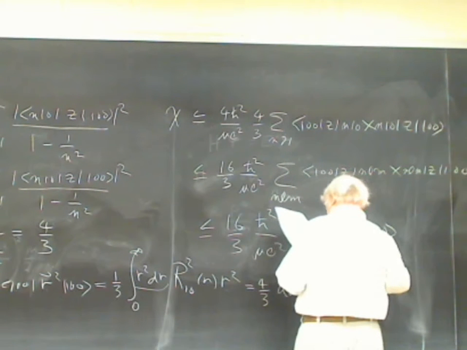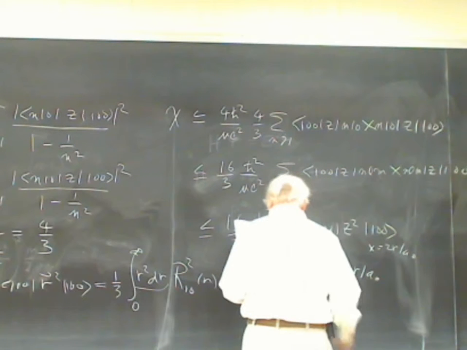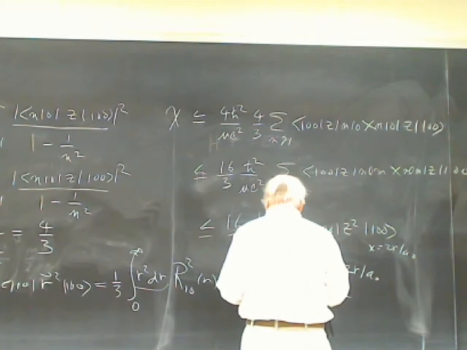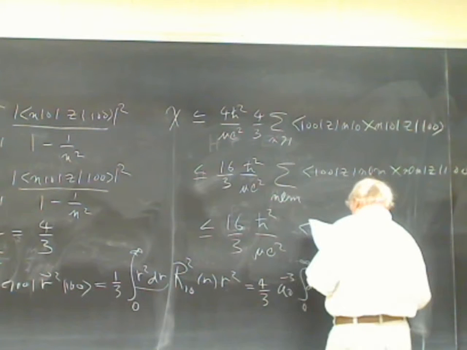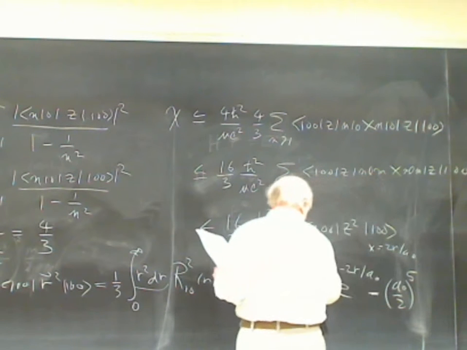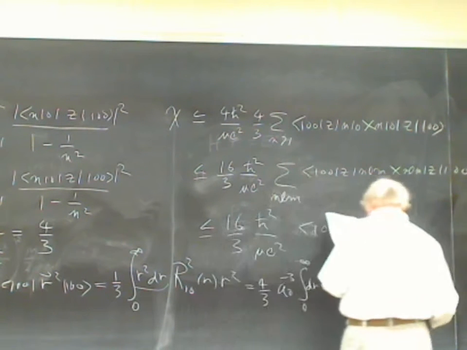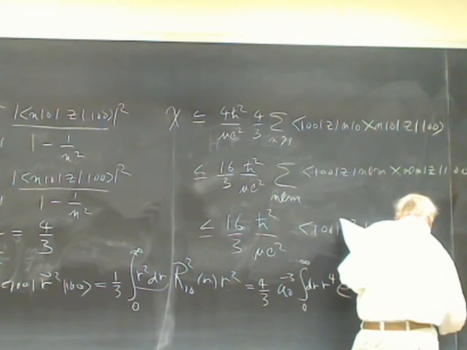Let x equal 2r over a0 and change variables, and this turns into a0 over 2 to the 5th, because we've got 1 here and 4 there, and 4/3 a0 cubed in the denominator.